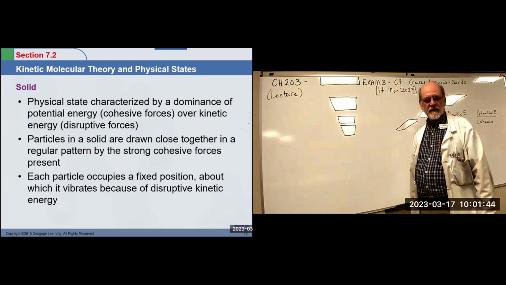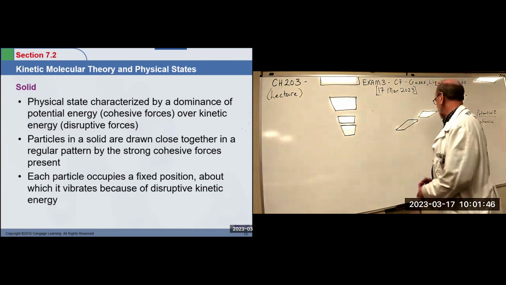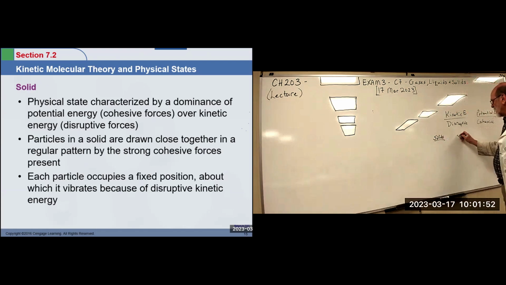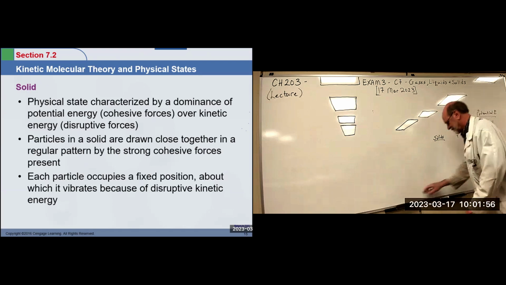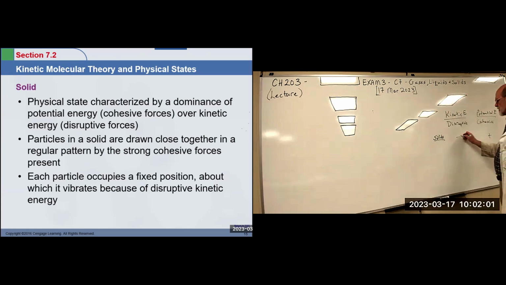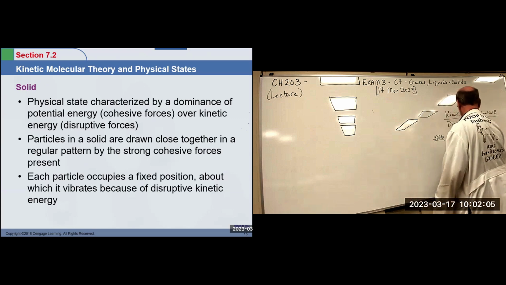Okay. So we mentioned that solids have a dominant force here. Excuse me, that's not right. The dominant force is here, cohesive forces. Whereas, maybe I should say this.